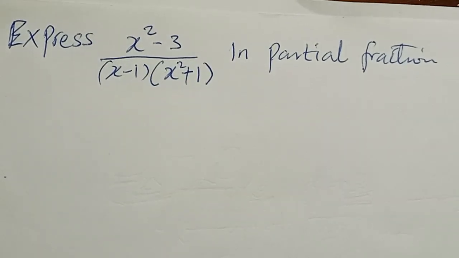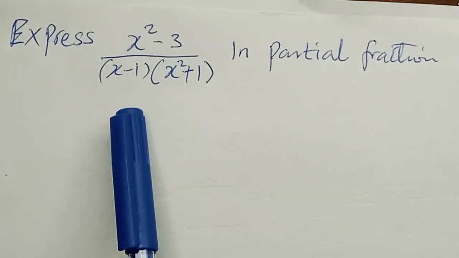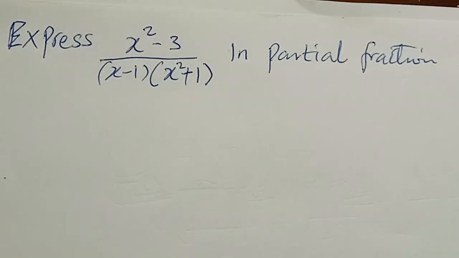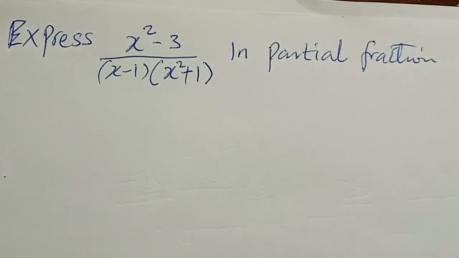As the formula applies, anytime we have an expression in partial fractions where the denominator has a square, we are going to have three constants which we need to look for the values of. In this case, we are going to have A, B, and C as the constants which we need to find.